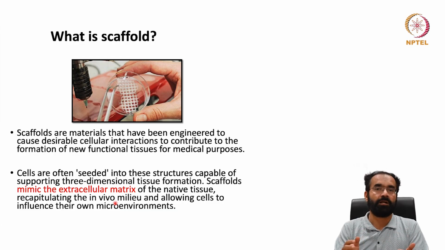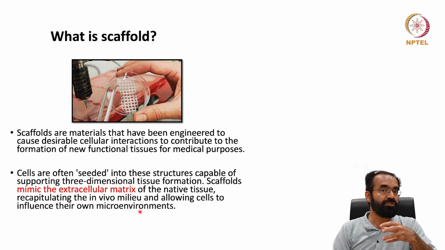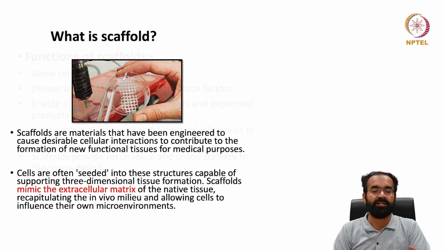Milieu means immediate surroundings. I am sitting here, my milieu is my table and chair. So that's the idea you should get. The in vivo milieu is mimicked by the scaffold, allowing the cells to influence their own microenvironment. So to start with, they depend on the scaffold. Later they replace the scaffold with their own ECM secreted by these cells.